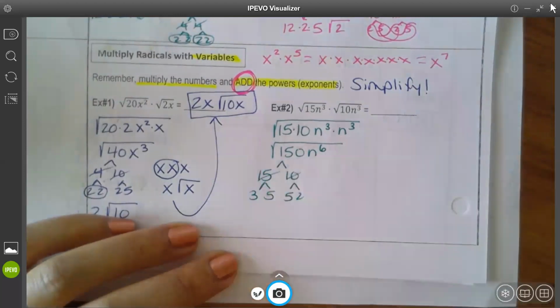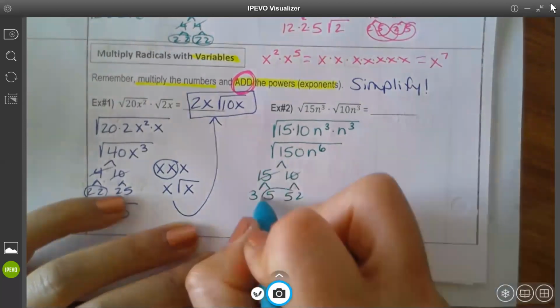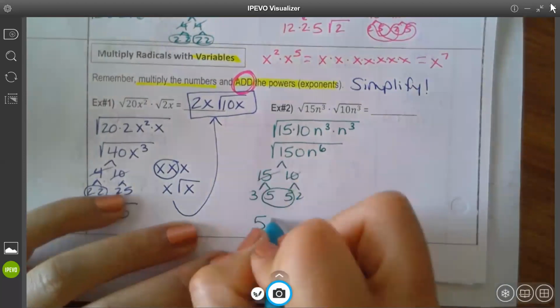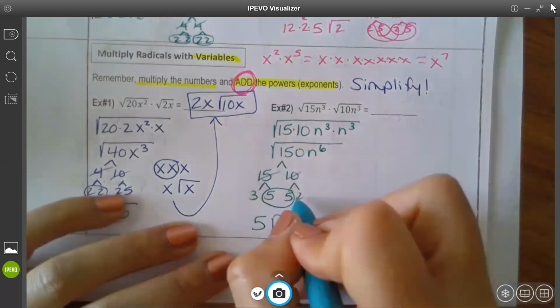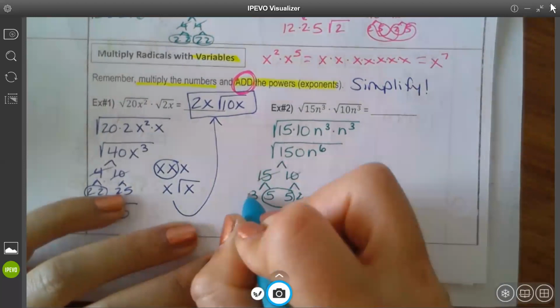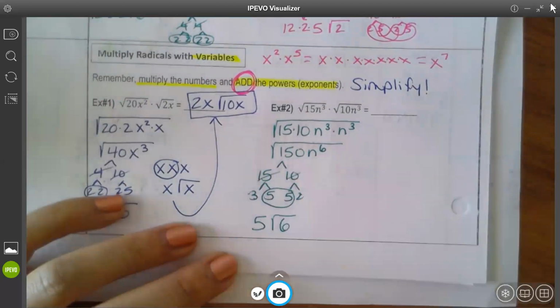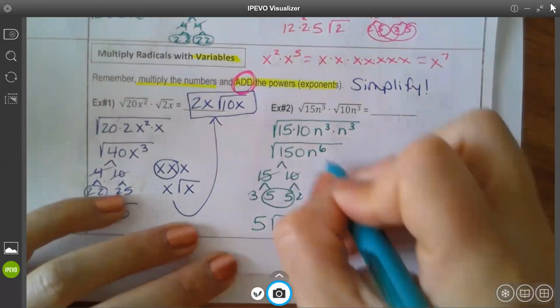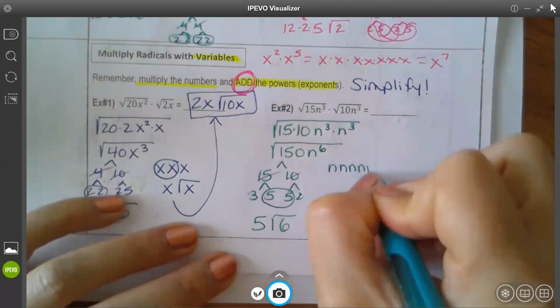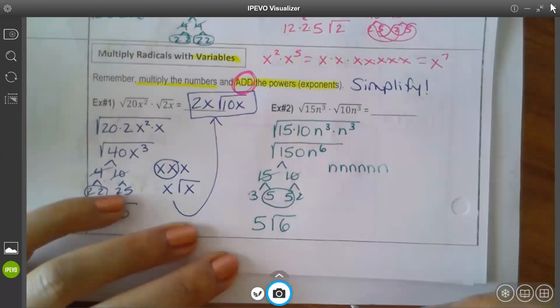It's a square root, so I want a pair. Who's left behind? A 2 and a 3. 2 times 3 is 6. And then I'm going to do my n's. 1, 2, 3, 4, 5, 6. And I need pairs.